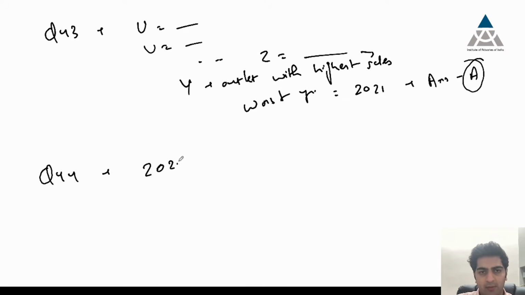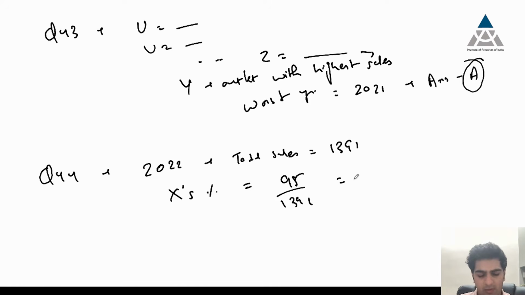In 2022, total sales were 1391, and X's percentage in that was 95 upon 1391, which is, if I just divide 95 divided by this answer, it's almost 6.83%. So roughly 7%. So this could be an answer.